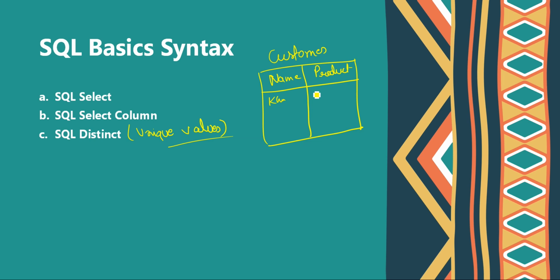Let's say Khushbu has bought mouse and then again Khushbu has bought, let's say, car, and again Kriti has bought something else, let's say laptop.